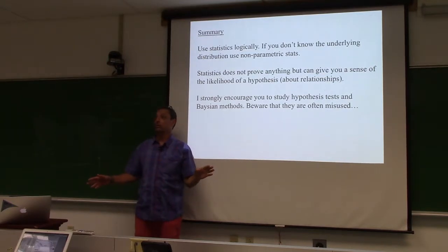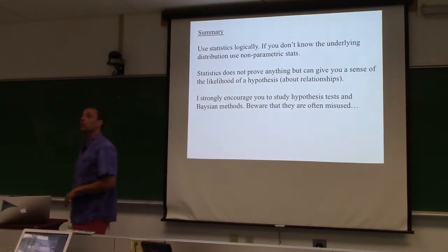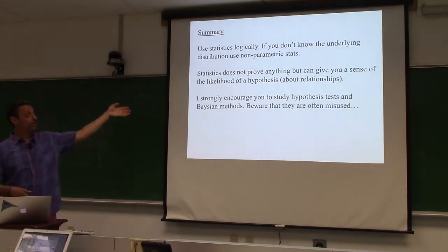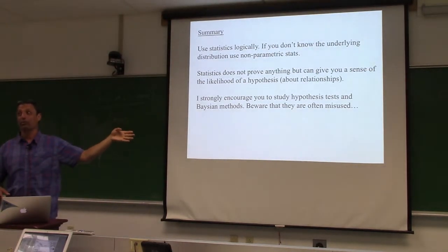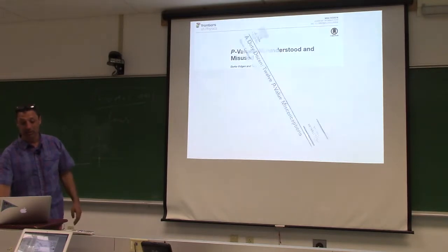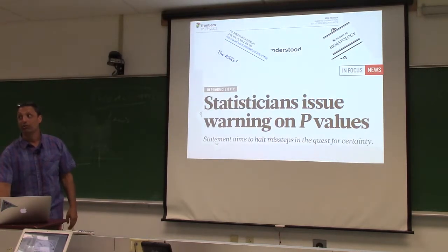But then you run the risk of more false positives with non-parametric hypothesis tests. Well, it turns out that a lot of people are running into false positives using parametric statistics. This is part of why all this came out: people were using it completely wrong in terms of inferring what was happening.